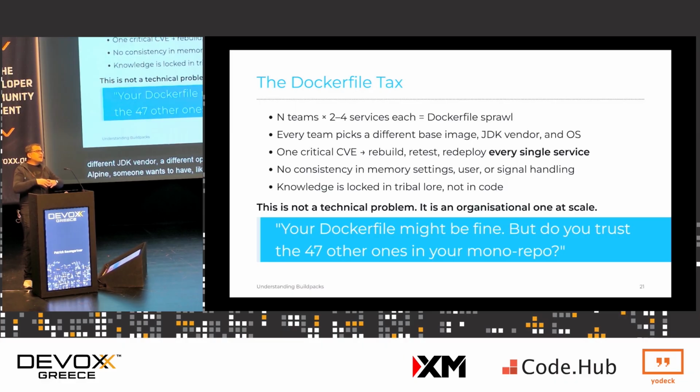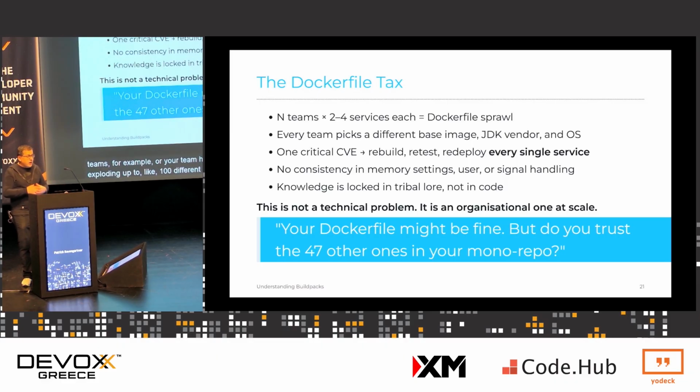You could say 10 teams, 4 Dockerfiles, I mean, that's already 40 Dockerfiles you have to maintain inside your company. Maybe it's even more. Think of 20 or 30 teams, or your team has more than 4 services. It's easily exploding up to 100 different Dockerfiles to maintain.